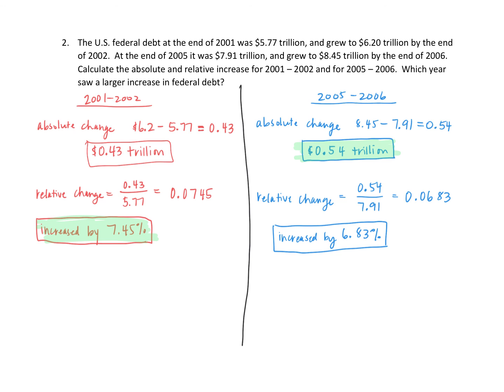So considering where you started from, you can say, dollar-wise, we went up more from 2005 to 2006, but we didn't raise it by as much considering where we started. So that's the difference between absolute change and relative change.